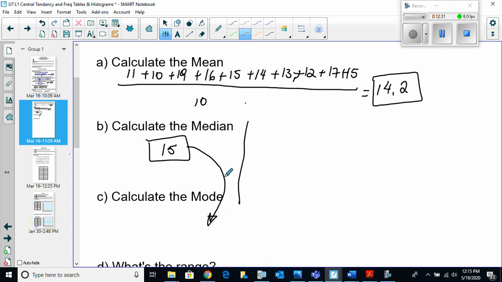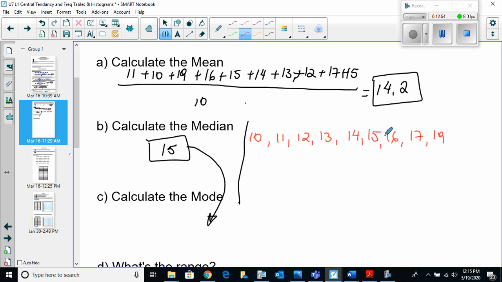when we sort the numbers. So from the lowest one, the lowest one is 10, and then it is 11, and then 12, and then 13, 14, 15, 16, and after that 17, 19, and that's it.